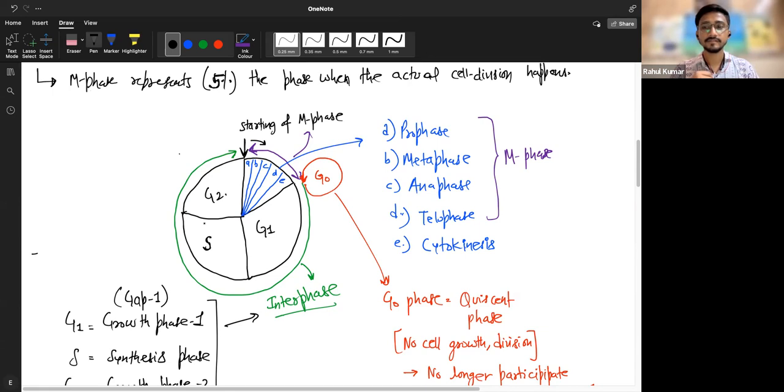That is one difficulty in figuring out the exact timing. But more or less, when it has grown, it replicates the DNA, then grows a little bit more with some protein synthesis required, and then it enters the cell division, M phase.